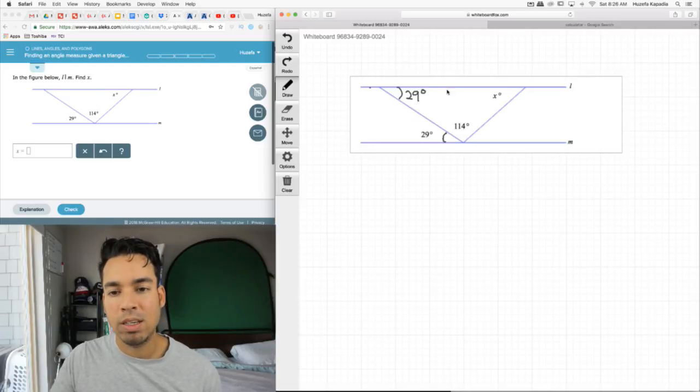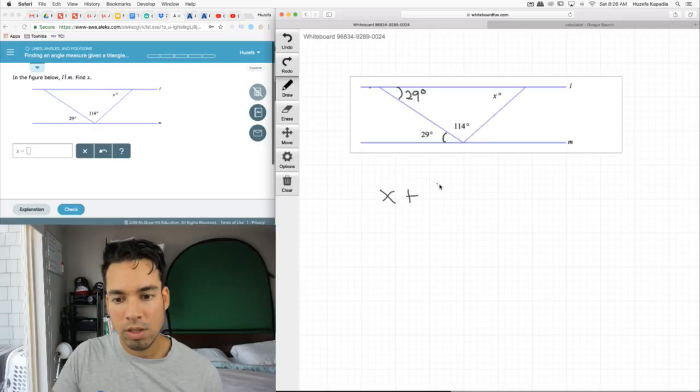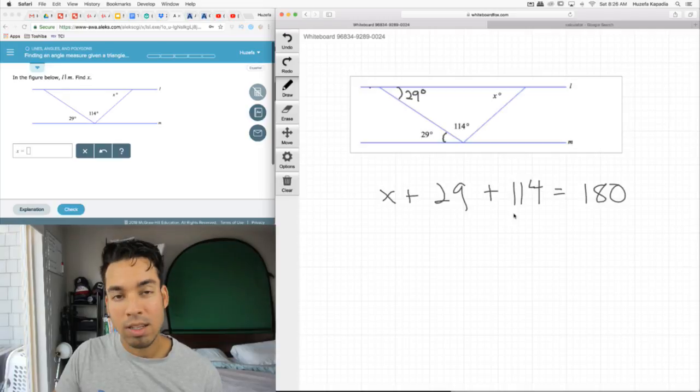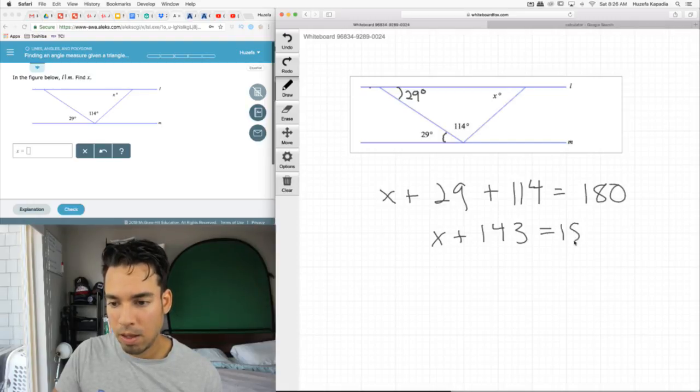Now that really helps because the 3 angles in a triangle, as a matter of rule for any triangle, always have to add up to 180 degrees. So now that I know this, we can solve for x. 29 plus 14 equals 143, right? It's almost like 30 plus that, and take away 1.